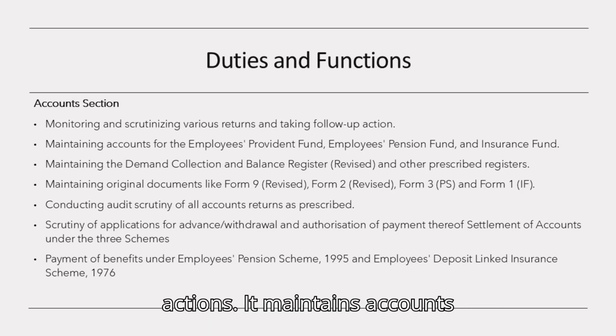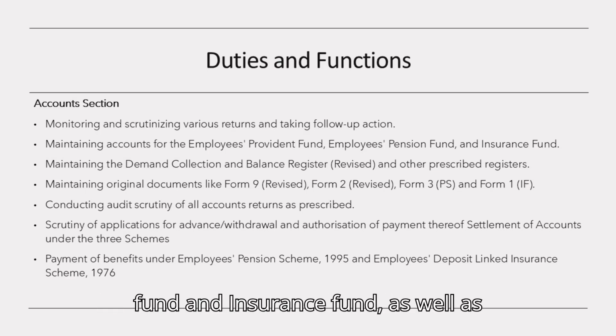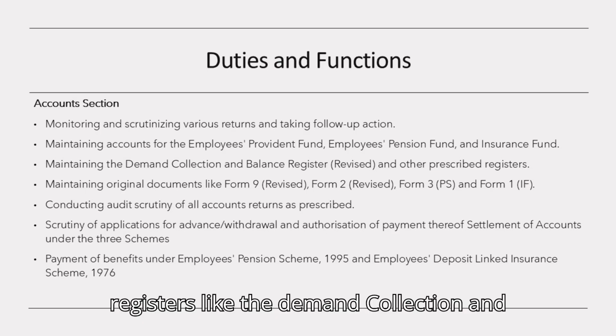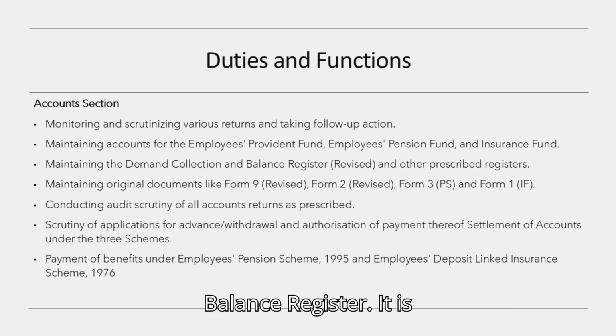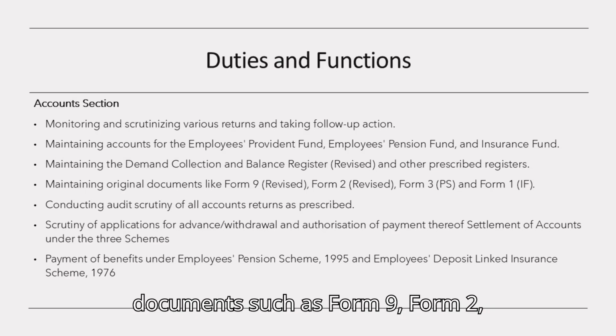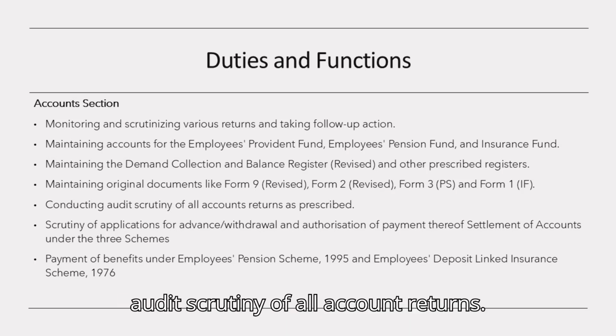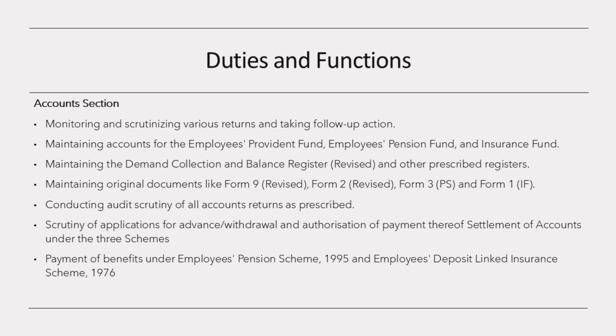actions. It maintains accounts for the Employees Provident Fund, Pension Fund, and Insurance Fund, as well as registers like the Demand Collection and Balance Register. It is responsible for safeguarding original documents such as Form 9, Form 2, Form 3, and Form 1, and conducting audit scrutiny of all account returns.